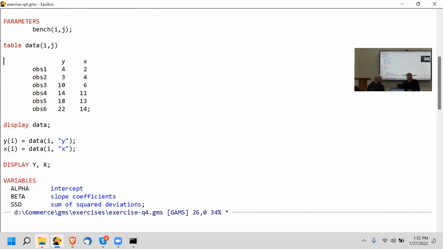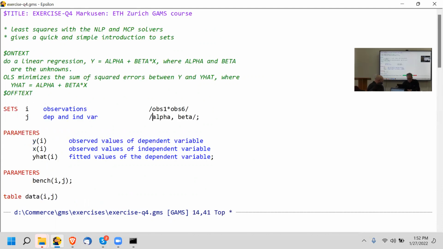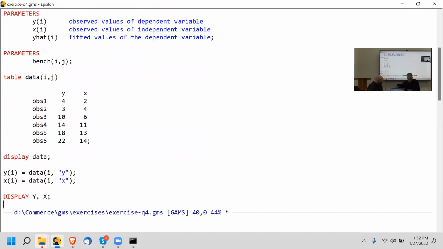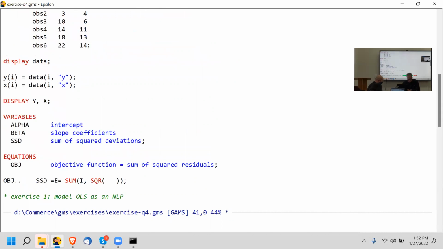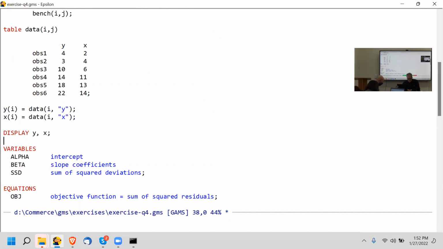I always forget what's what. Oh, I see what you're saying. There's the data, there are the observations, and now we have the variables. I don't know why he's displaying this twice, and it looks a little bit crazy.